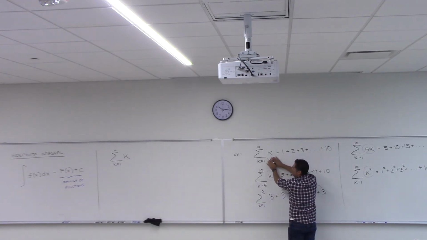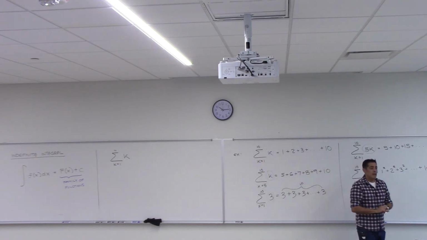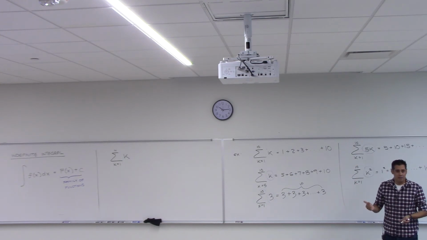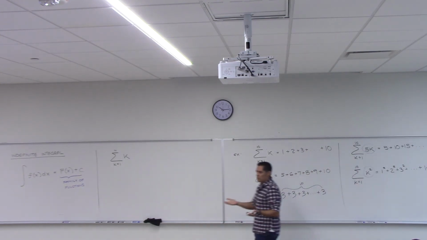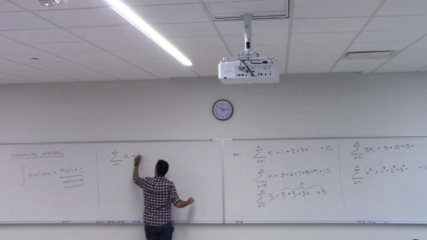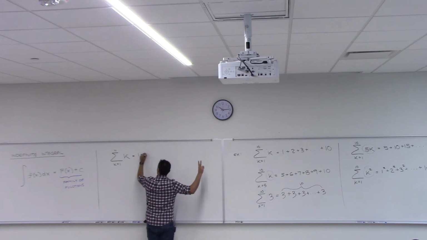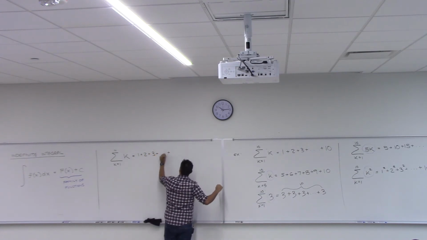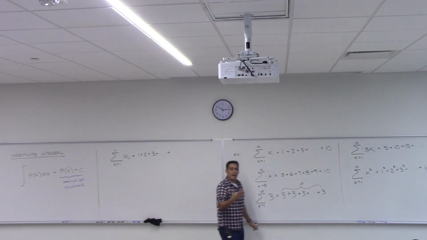Just this formula, but what's the difference between that and this? Got a variable instead of a number. Yeah, so where am I stopping? When I get to n, right? I'm stopping when I get to n, but I haven't told you what n is. So this means I'm going to start with k being 1, so I get 1 plus, right? Now k is 2, 2 plus. Now k is 3 plus, and I'm going to keep doing that until I get to the very end. The last one would be n.